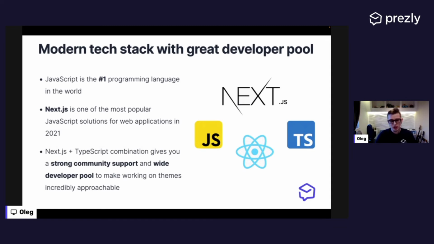This combination of Next.js and TypeScript gives you really strong community support and a wide developer pool to make working on themes really approachable. And even for those developers that are unfamiliar with Next.js, it still has really great documentation, tons of tutorials online, and overall great learning curve.